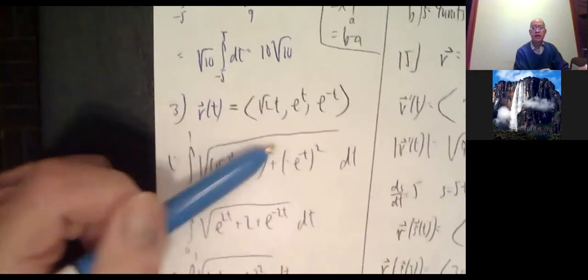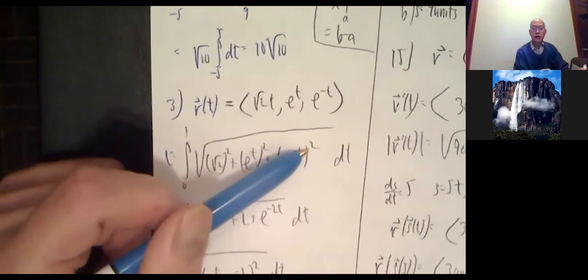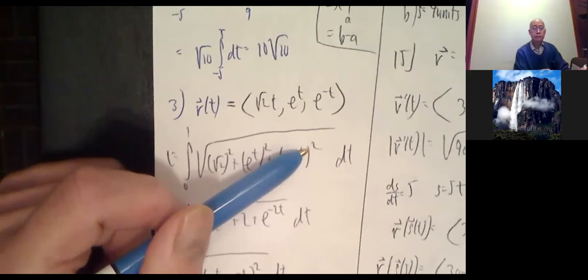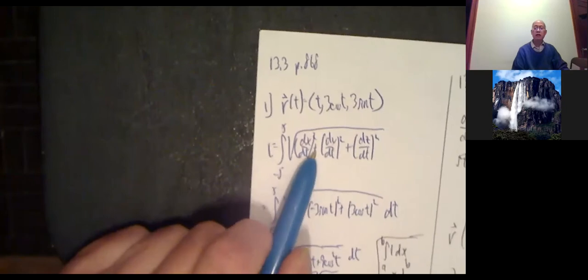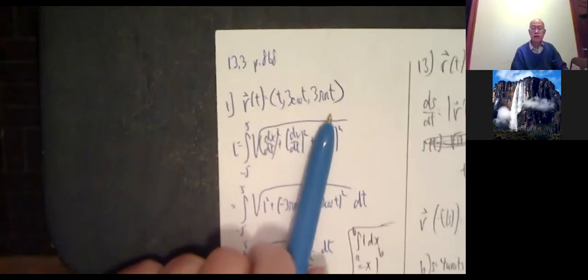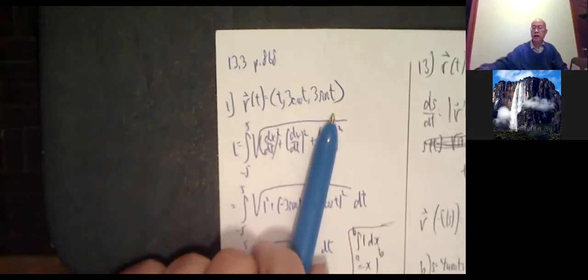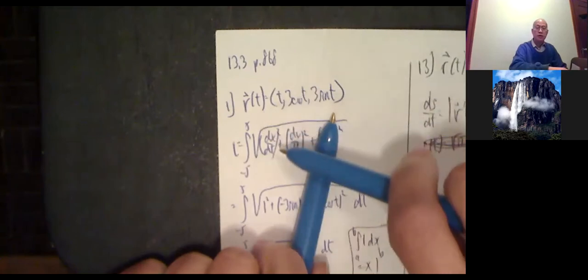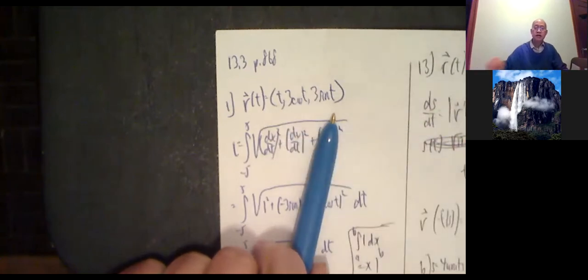Derivative of e to the negative t is negative e to the negative t, square that. The formula is radical of dx/dt squared plus dy/dt squared plus dz/dt squared. It's the complete 3-dimensional analogy to what you had in 2-space. It's an extension of the Pythagorean theorem, in essence.